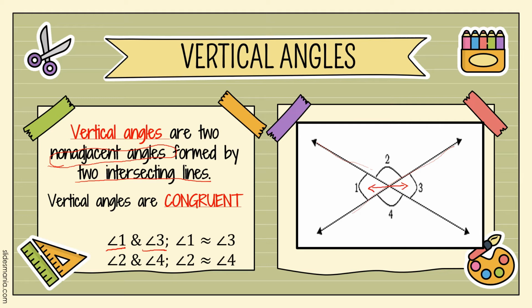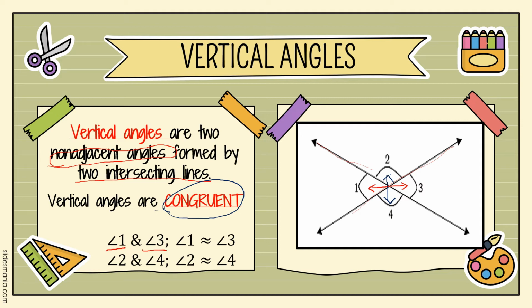And we also have angle 2 and angle 4 are also vertical angles. All opposite angles are called vertical angles if we have intersecting lines. Since all vertical angles are congruent, that means that angle 1 is congruent to angle 3 and angle 2 is also congruent to angle 4.